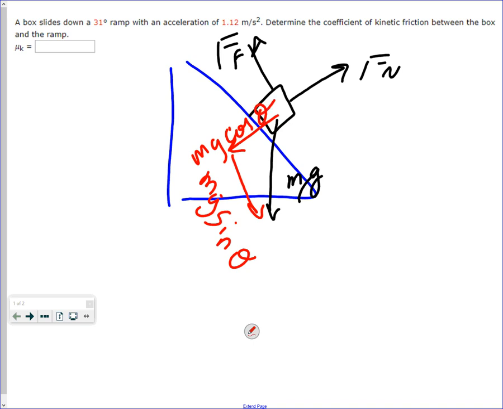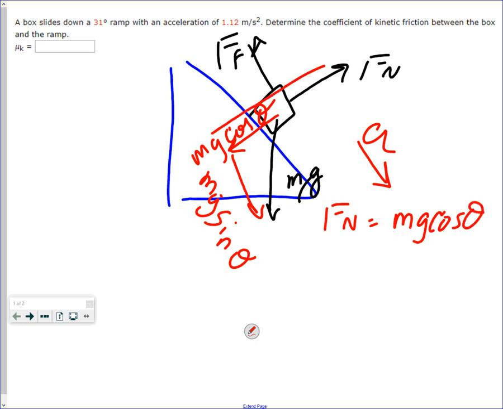Okay, hopefully none of this is news now, right? We should know this by now. And it's saying, all right, we're accelerating this way down the hill, right? So let's consider, what do we know? We know that normal force is the same as mg cosine of theta. These two are equal to each other.